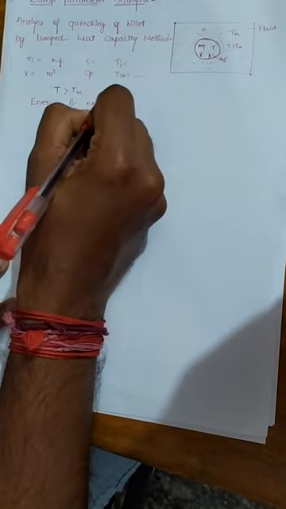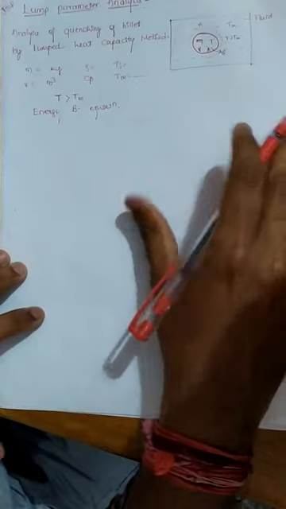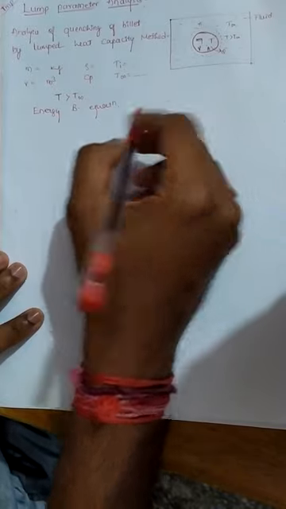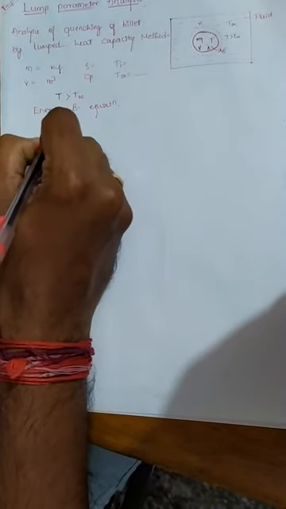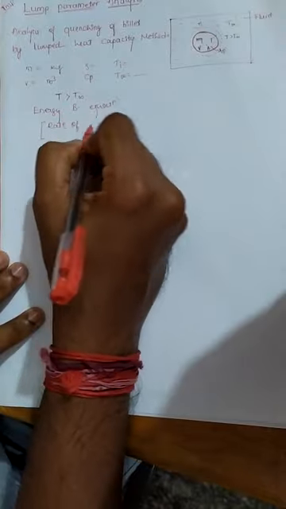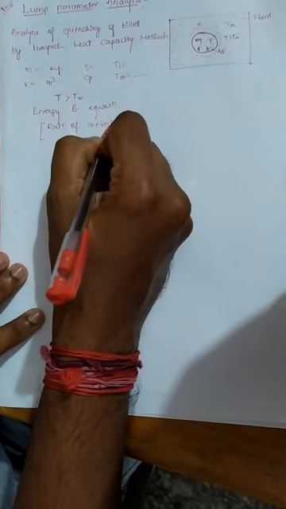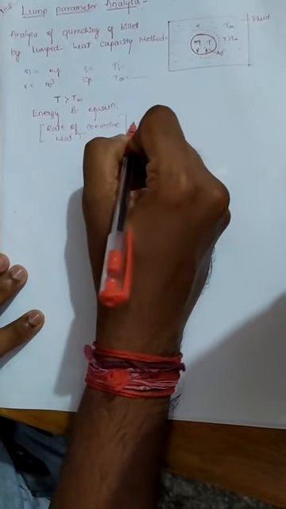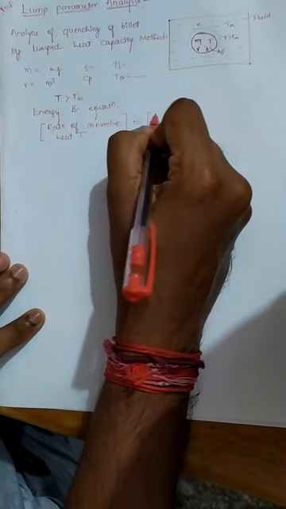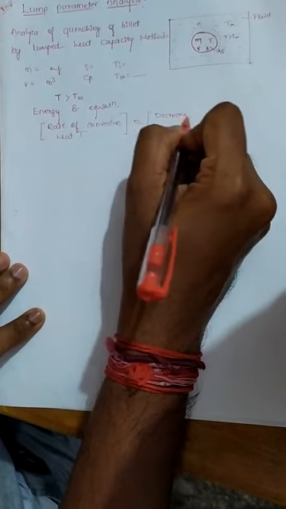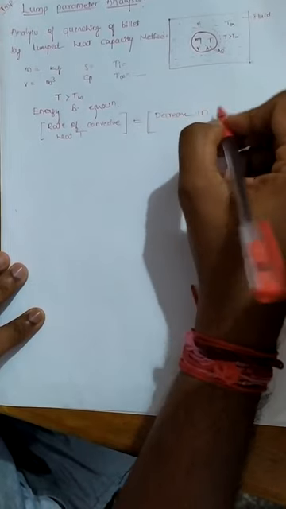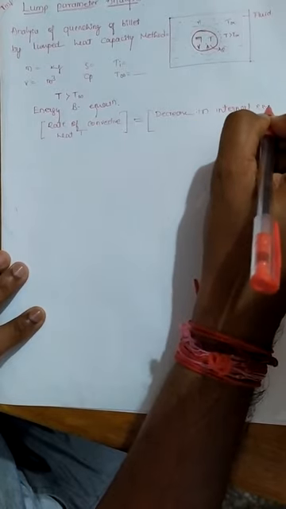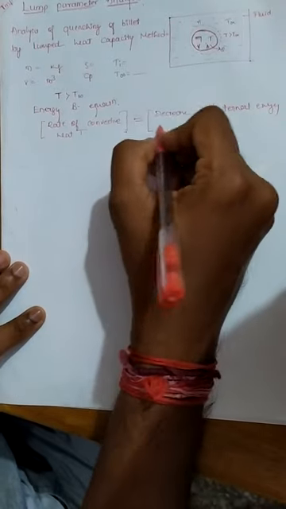The rate of convective heat transfer is equal to the decrease in the internal energy of the body per unit time.